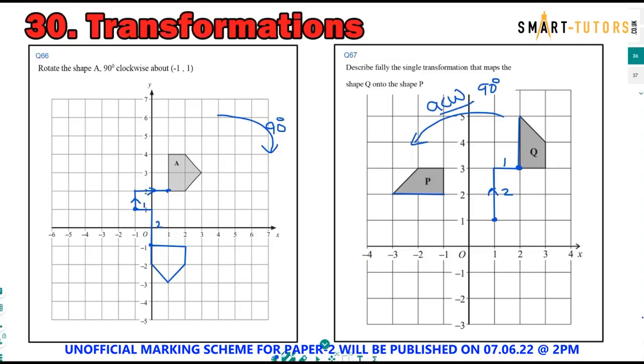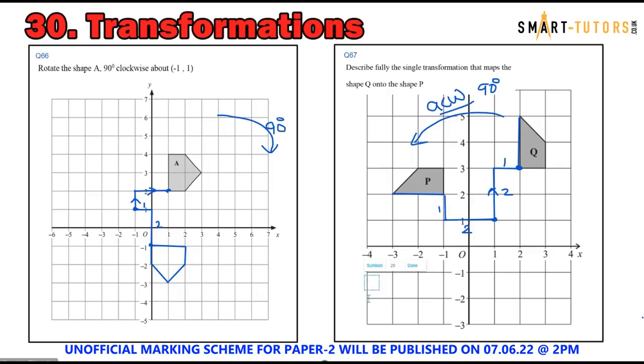And now if you rotate anti-clockwise, that 2 to the up becomes 2 to the right and 1 to the up. So Q becomes P. So this is 2 and 1. That is the rotation.